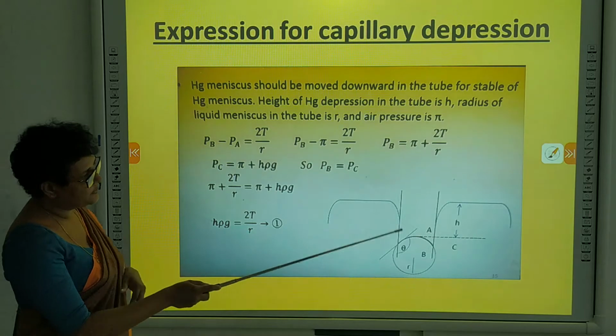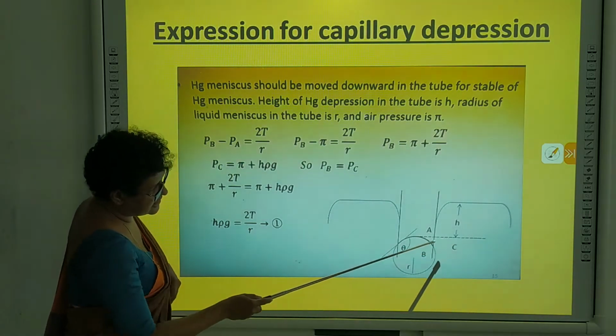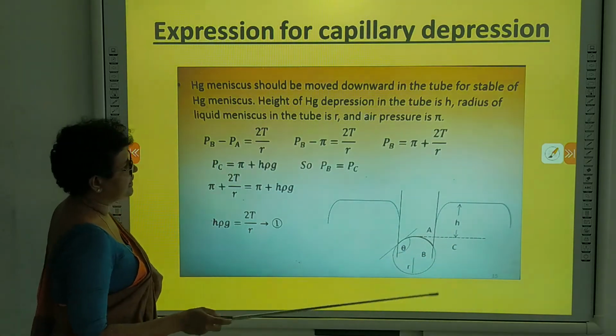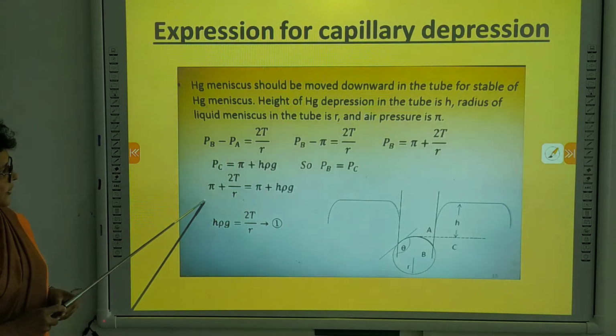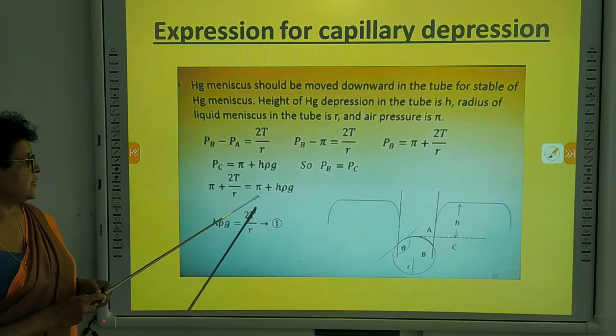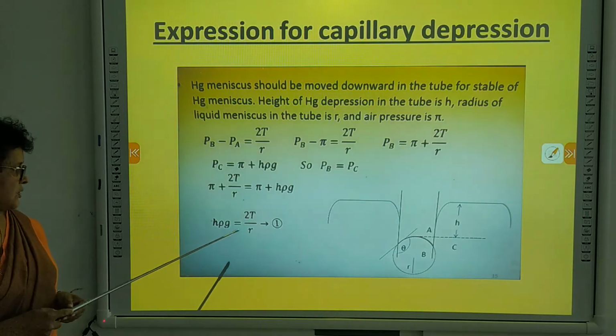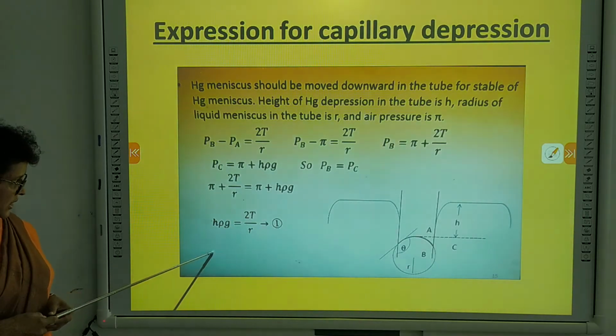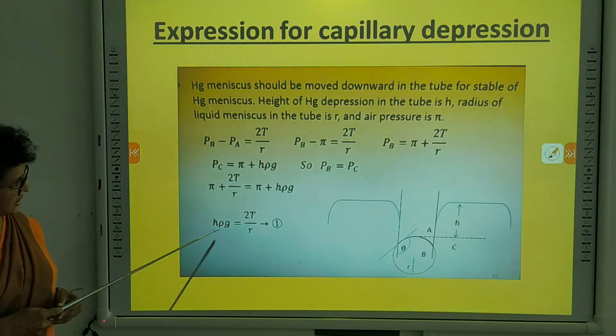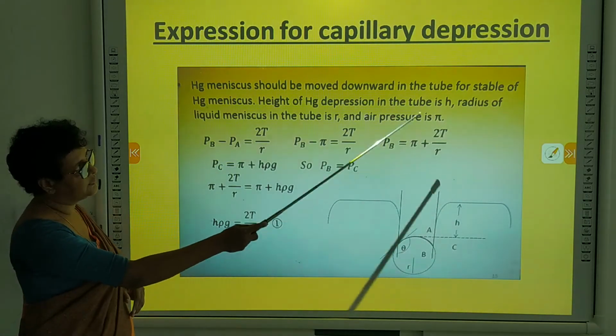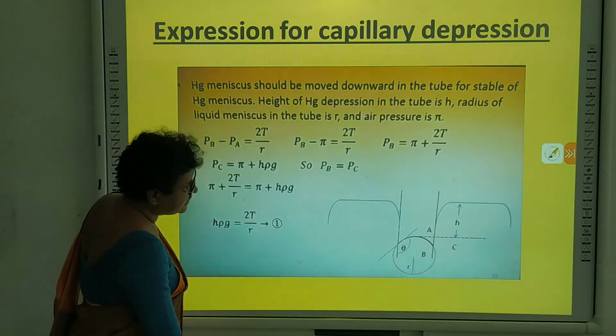So PB equals PC, same liquid, same level, pressures are equal. So P0 plus 2T over r equals P0 plus h rho g. From this equation P0 cancels and you get 2T over r equals h rho g. From this you can make h the subject and get the depression of this liquid.